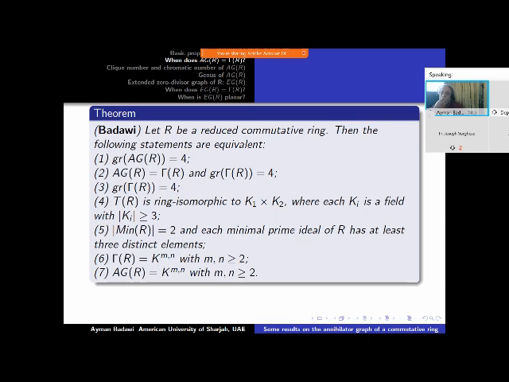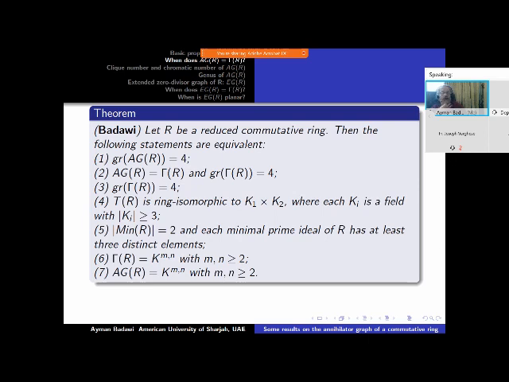So for a reduced commutative ring, if the girth of the annihilatory graph is 4, then I know quickly there is no difference between the zero divisor graph and the annihilatory graph.